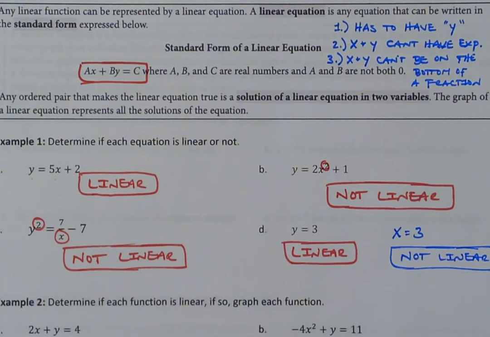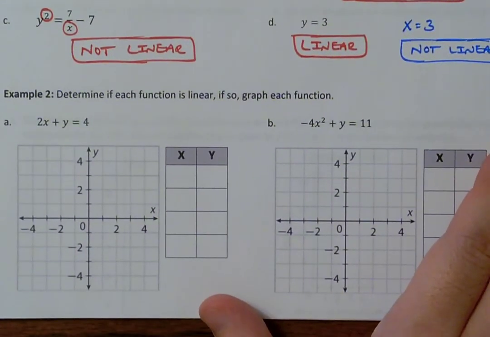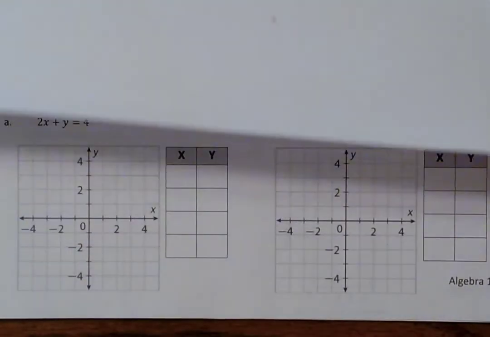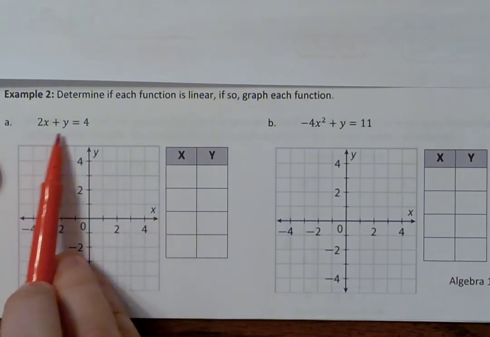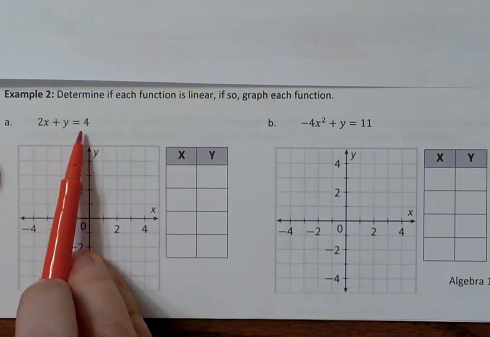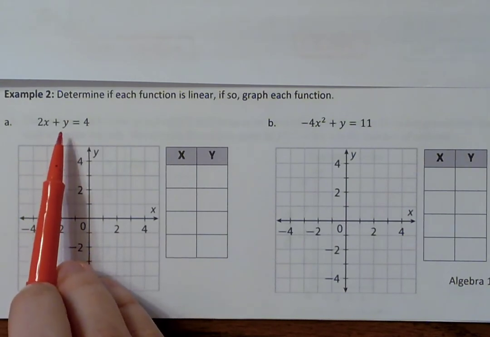Alright, now with example 2, it's going to ask us to determine if the function is linear or not, and if it is, it wants us to go through and graph the linear function. So for example 2a, we have 2x plus y equals 4. So is y involved in the problem? It is.